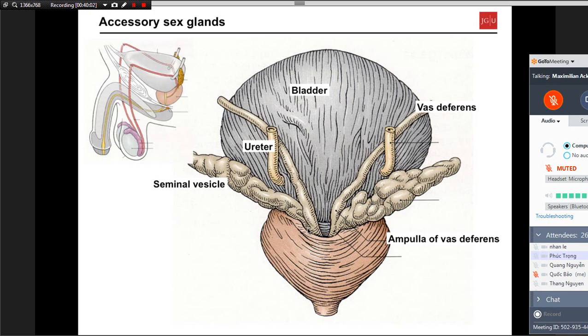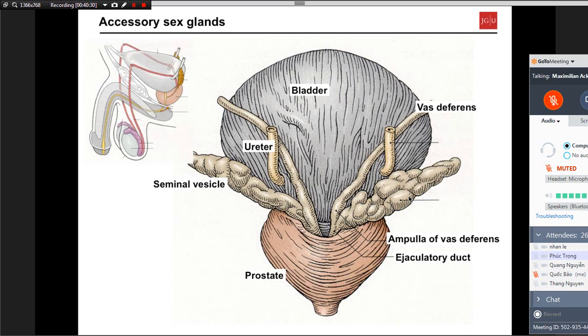The seminal vesicles are on both sides, with dimensions of mostly 1 or 2.5 centimeters, so they're just around that. And there you find at the end the ejaculatory ducts, where we have the secretion of the seminal vesicles.